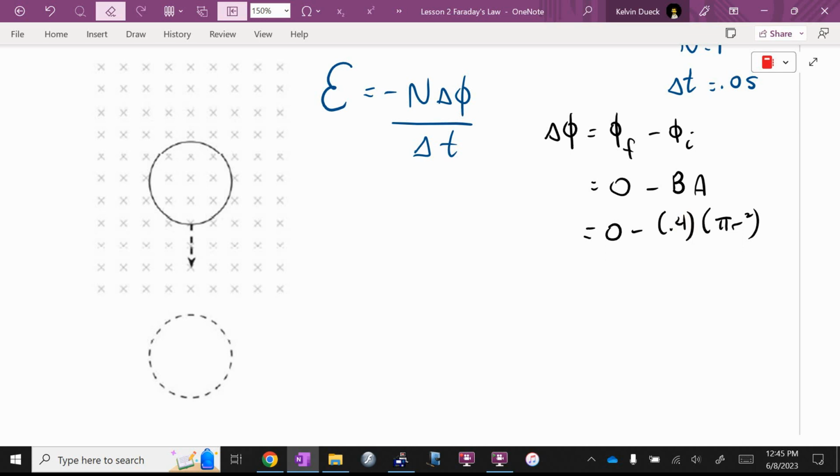By the way, 0 minus anything is just negative that thing. Is that okay? So I'm just going to stop writing the 0 because that's not going to make a difference. Let's crunch this on our calculator. It's going to be negative 0.4 times pi times 0.025 squared. What is the change in flux?